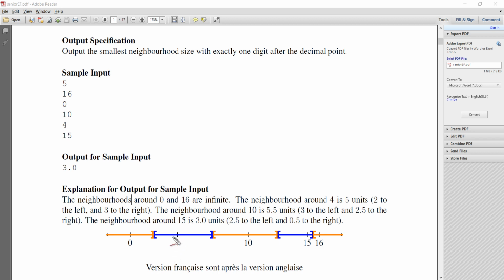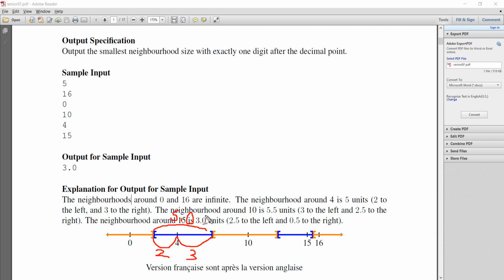And then for the village at point 4, the size to the left side is 2, and the size to the right side is 3. So the total size of point 4 is 5.